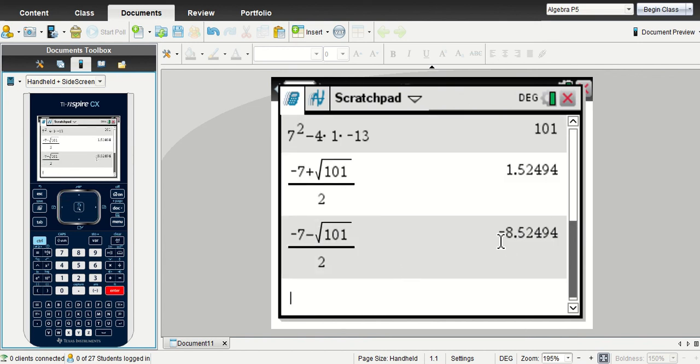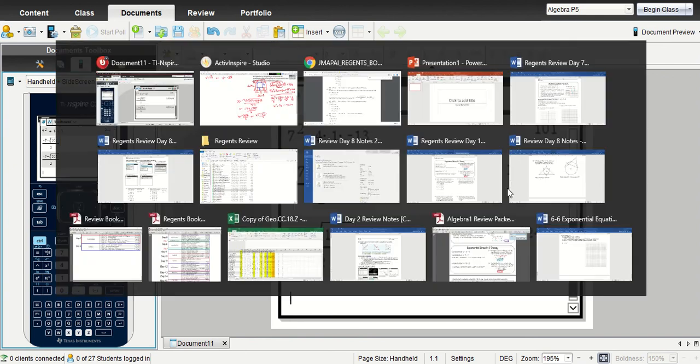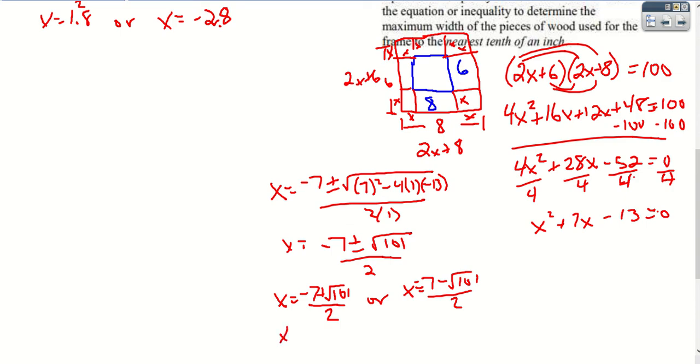All right, and we could say, we're not going to be able to add a negative amount, so my answer's got to be the positive amount. So x is equal to 1.5, or x is equal to negative 8.5. We're going to reject this because it's a negative amount. And so we would say the maximum width of the pieces of wood, because they all have to be the same.